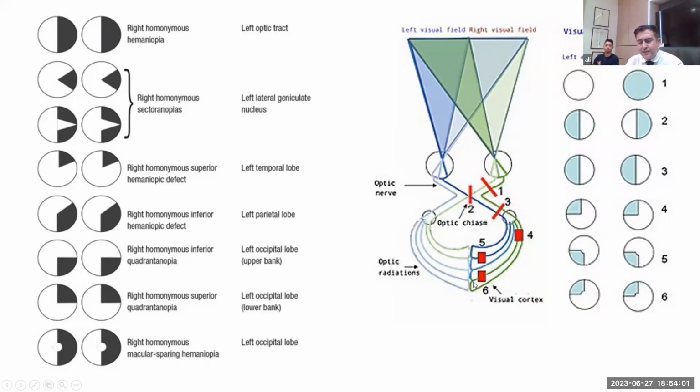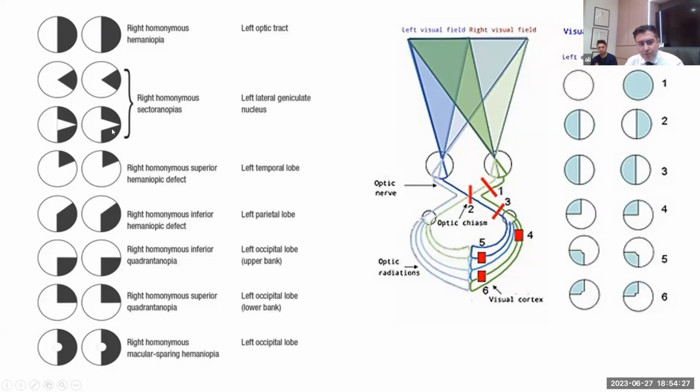If you have a right-sided temporal lobe lesion, you will have a left-sided superior quadrantanopia. And if you have a parietal lobe lesion, you will have an inferior quadrantanopia, contralateral to the side of the lesion. It's always contralateral to the side of the lesion from the optic nerve to the cortex.